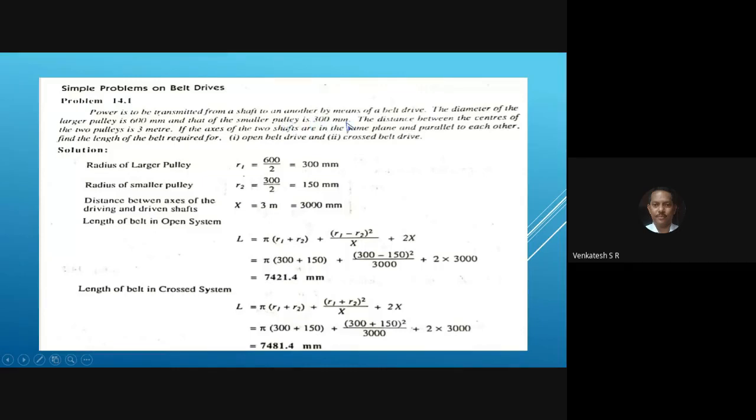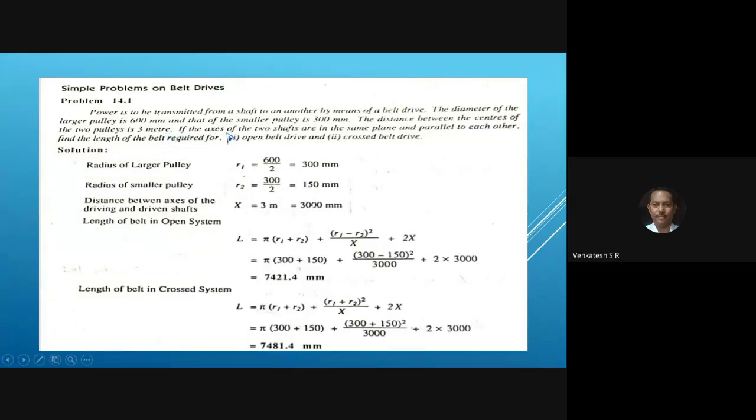The distance between the centers of the two pulleys is 3 meter.